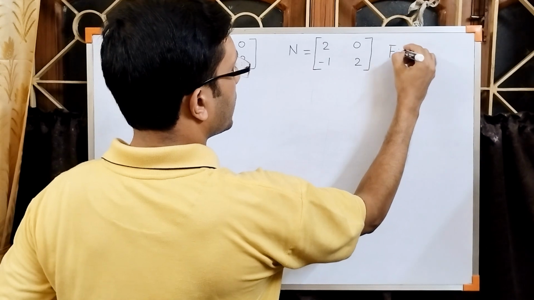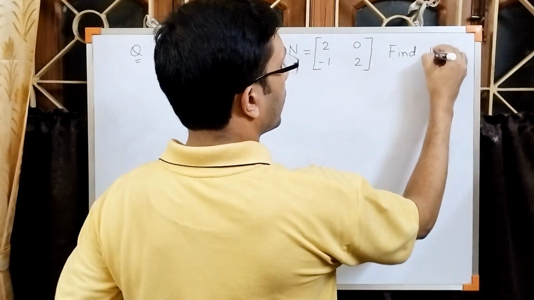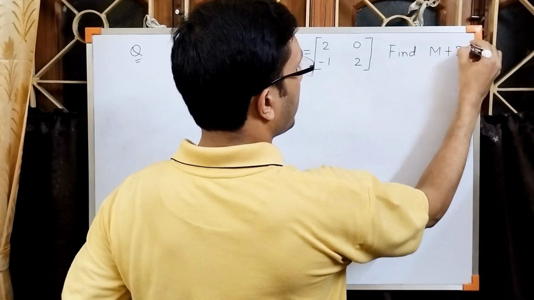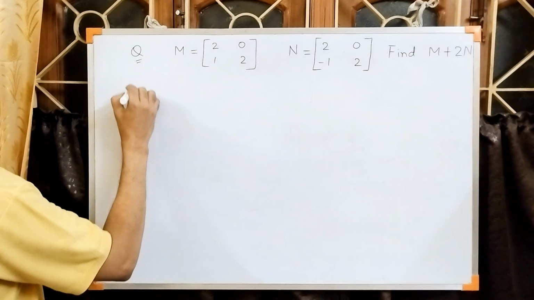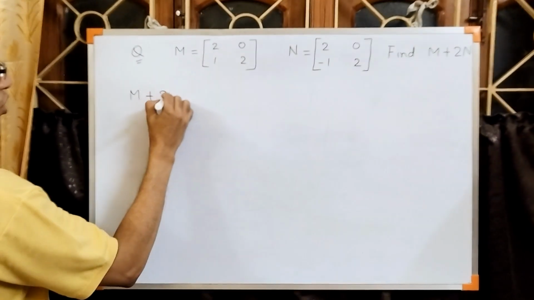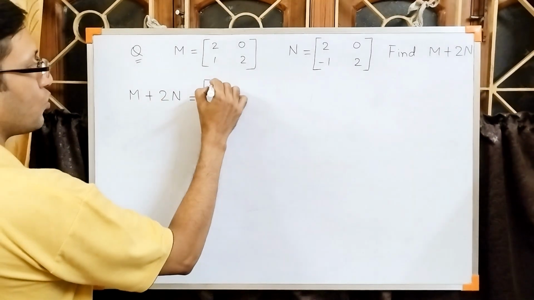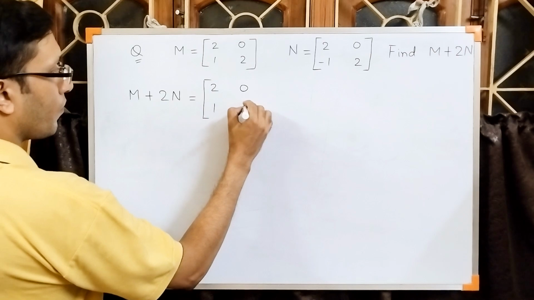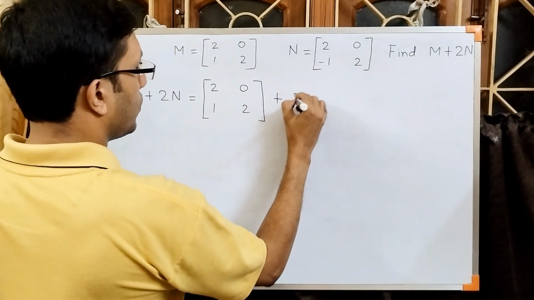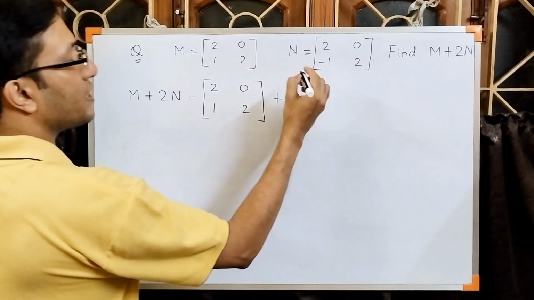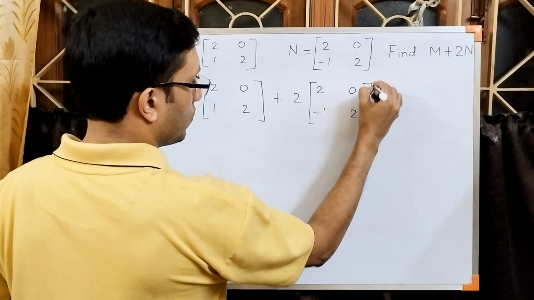The question is find M plus 2N, M plus 2 times of matrix N. So let's see how to find it out. So M plus twice of N is equal to, we write the value of matrix M, that is 2 0 1 2, and plus 2 times of matrix N, that is 2 0 minus 1 2.